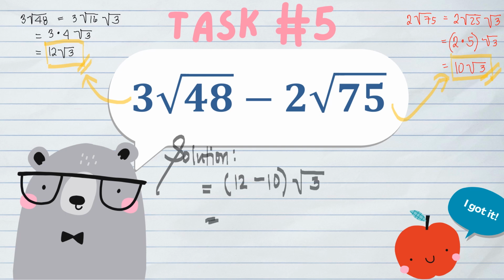So 12 minus 10 would be 2, and then square root of 3. So that means our final answer would be 2 square root of 3.